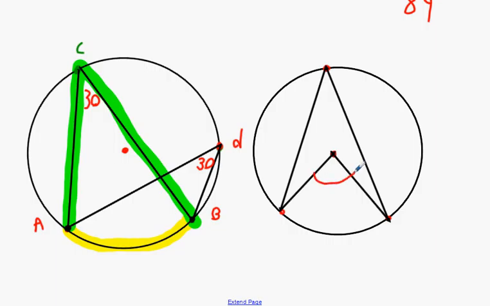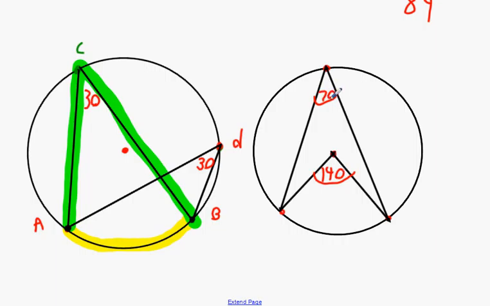Now, what happens next, guys, is see the angle on the bottom. The angle on the bottom is always twice the angle on top. So if this is 50, what's the other angle down here? 100. Okay, and vice versa. If I said that's 140, what does that make that angle on top? 70. Okay.